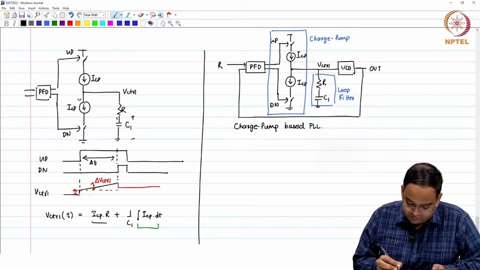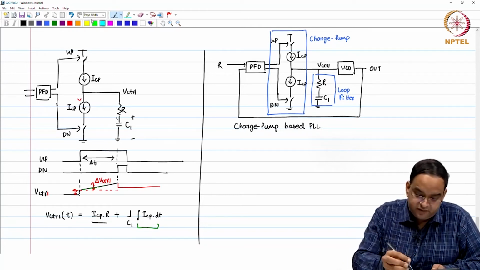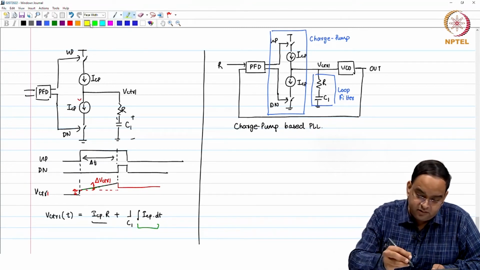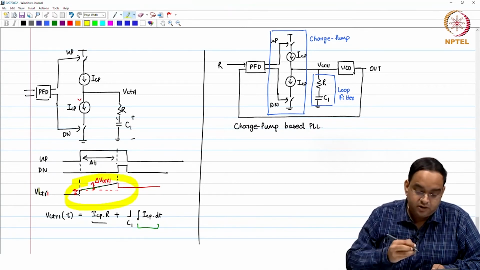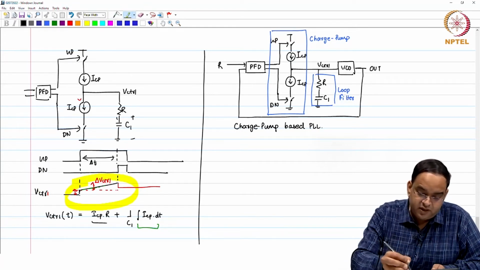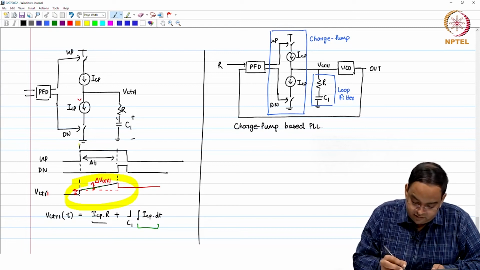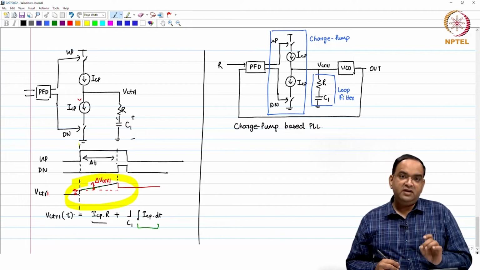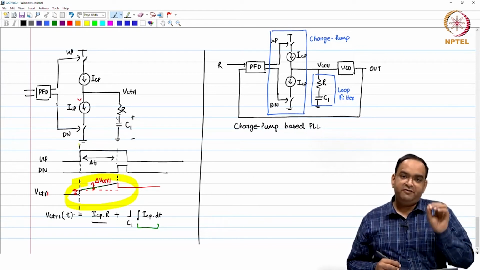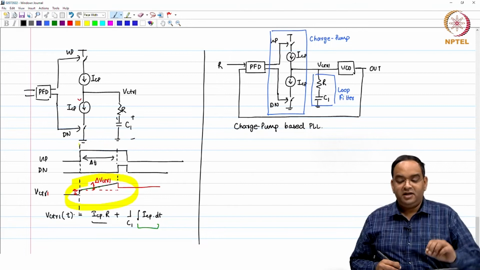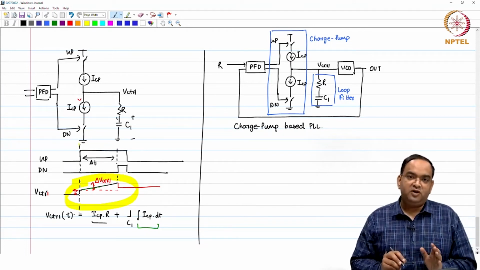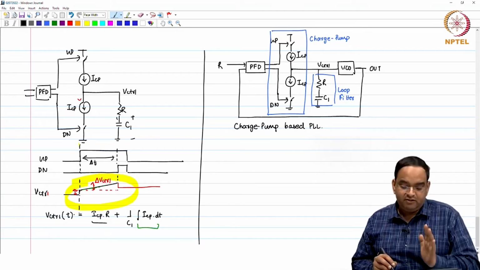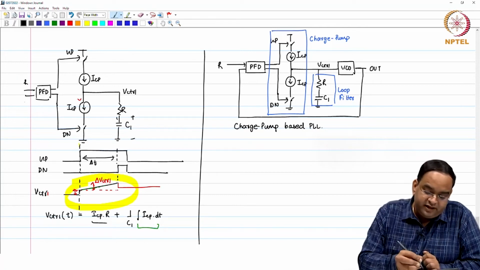So, now you focus on this part, right. One thing which you are seeing is that the PFD is detecting the phase error every reference clock period, right. It is not detecting in between the reference clock periods, it happens only whenever you get the rising edge on reference.